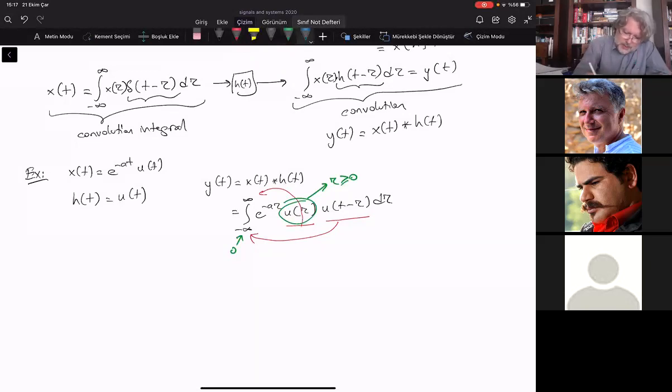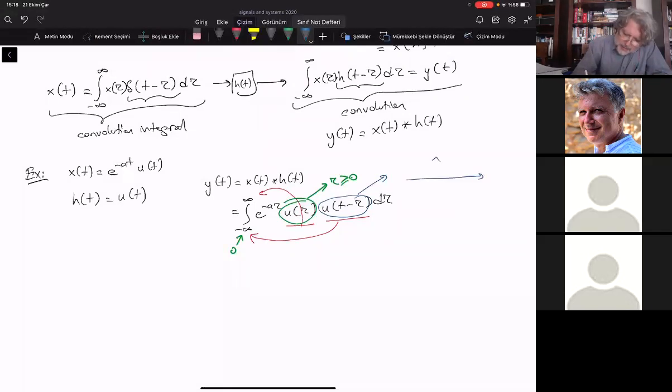Now, how about this one? u of t minus tau. First of all, there is a minus tau. We have a u of minus tau, and u of minus tau is a left-hand-sided unit step, like this. And it starts, or leftwise starts, from t along the tau axis. This is u of t minus tau, okay? It's all ones for all tau values from minus infinity up to t.